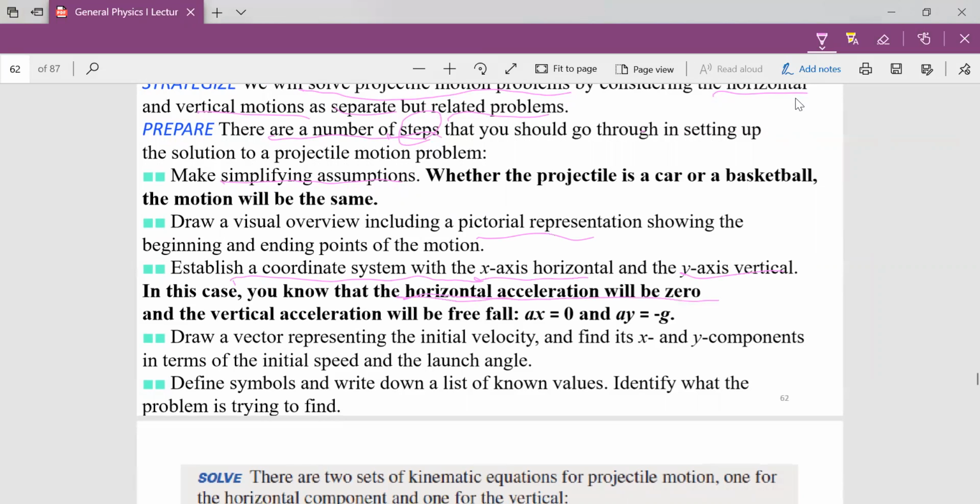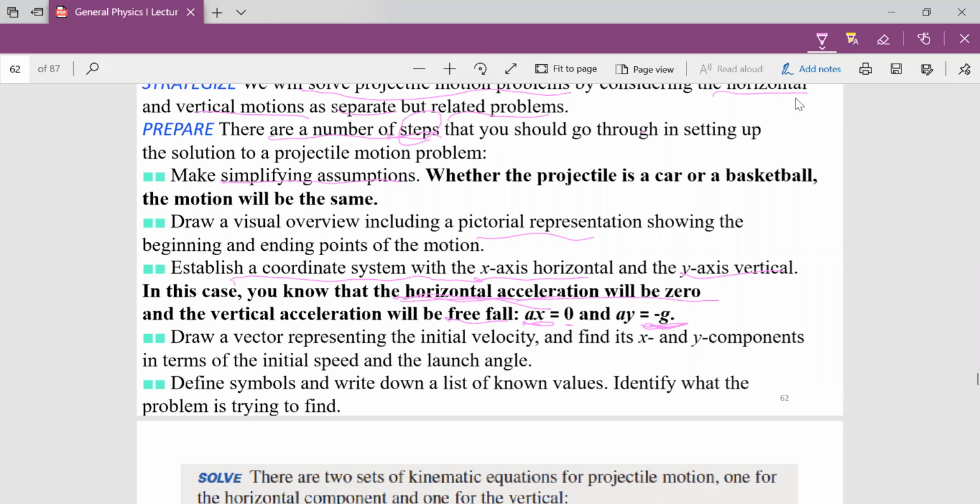Many times, the kind of motion we describe will give us horizontal acceleration as 0. Why? Because the acceleration is pointing downward. The acceleration of free fall is on the y-axis. So ax is 0 because it's a free fall motion. And the acceleration is going to have the negative sign.